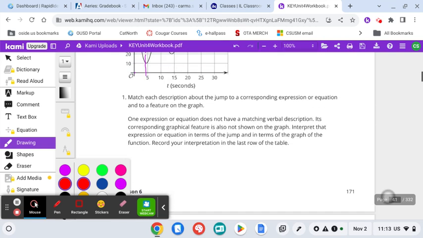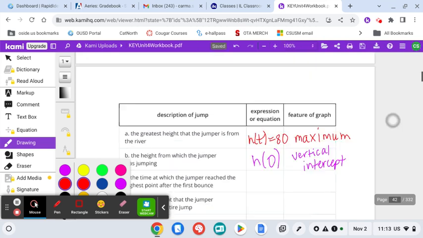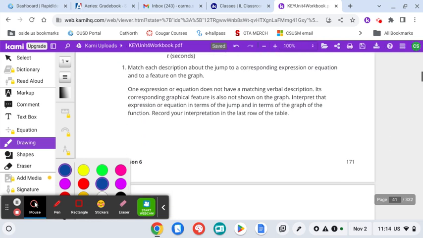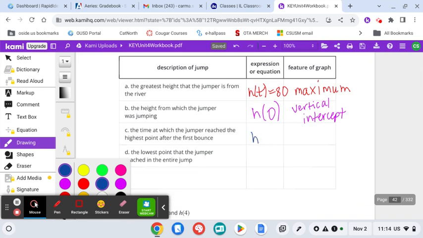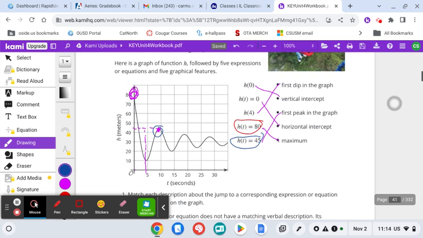And that was h of t equals 80. The time at which the jumper reached the highest point after the first bounce, that's going to be where h of t equaled 45, the first peak. That first peak is sometimes called a relative max. And the lowest point that the jumper reached, that's our first dip.